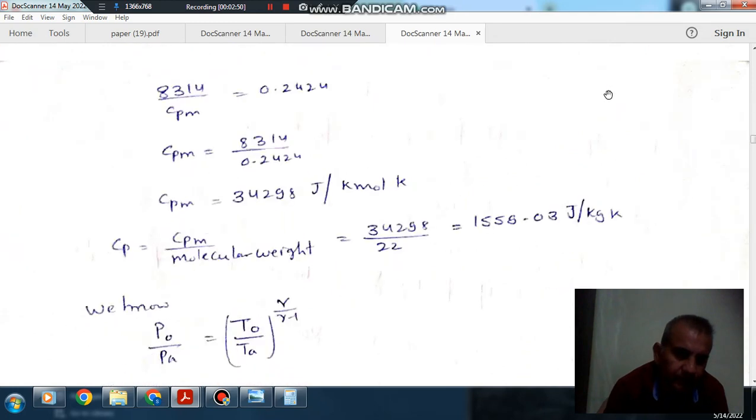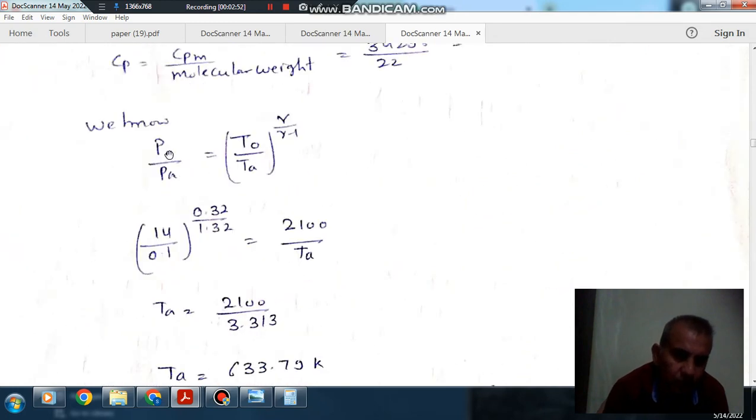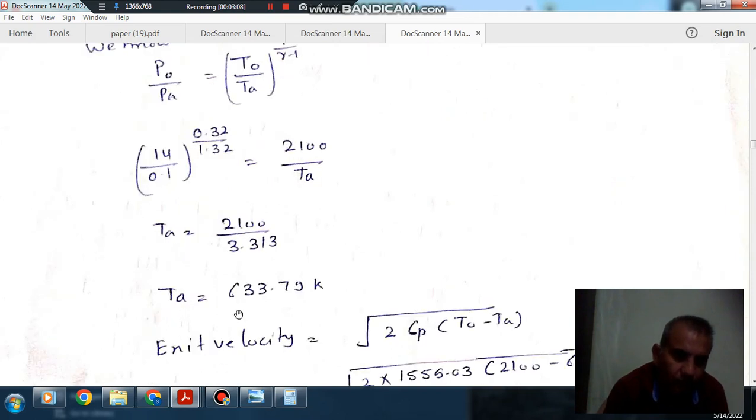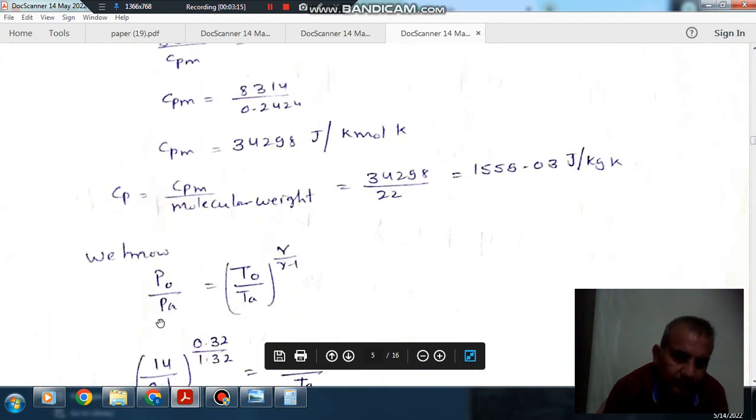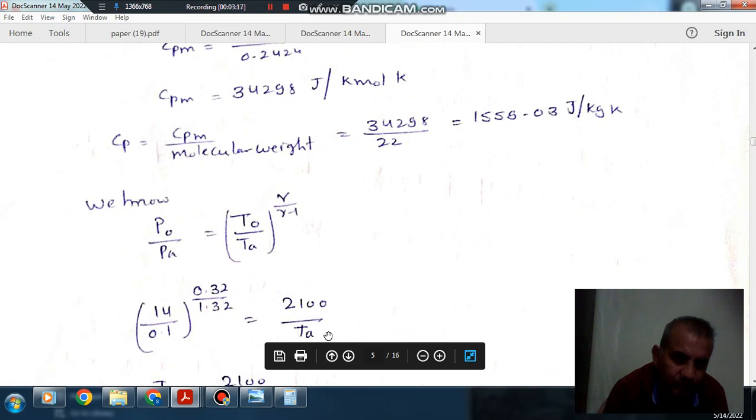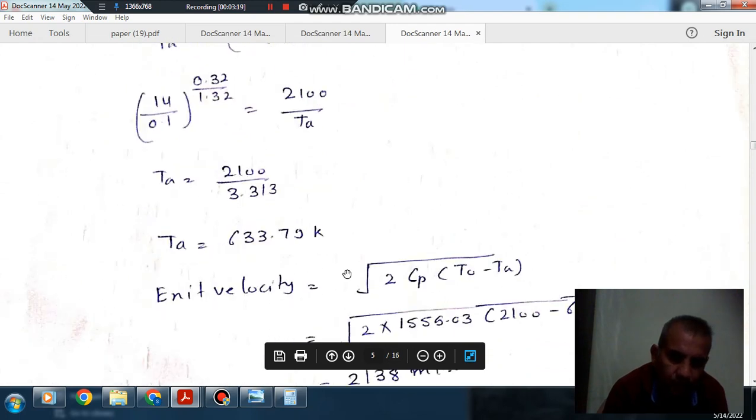We can find the exit temperature by using the isentropic relation: P naught by Pa equals T naught by Ta raised to the power gamma by gamma minus 1, so 14 by 0.1 is 0.32 by 1.32 power of T naught 2100 by Ta. So Ta comes out at 633.79. T naught is the stagnation temperature, Ta is the exit temperature.